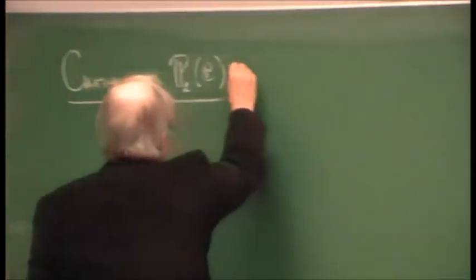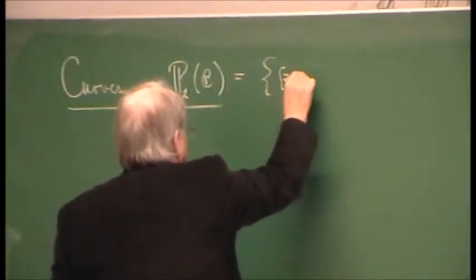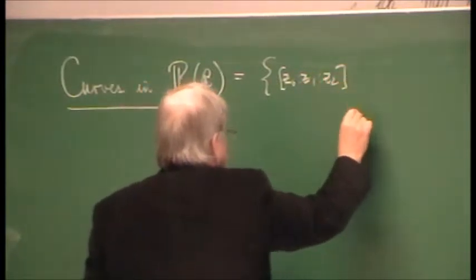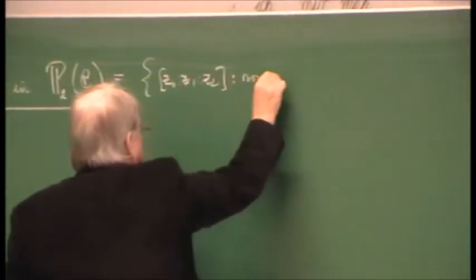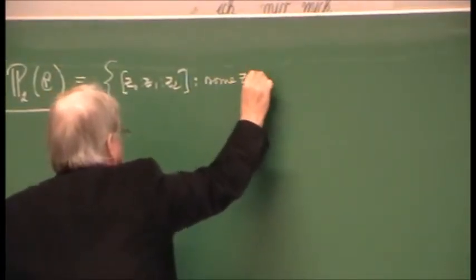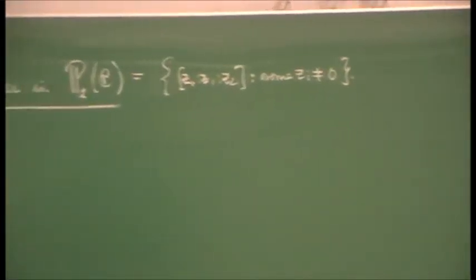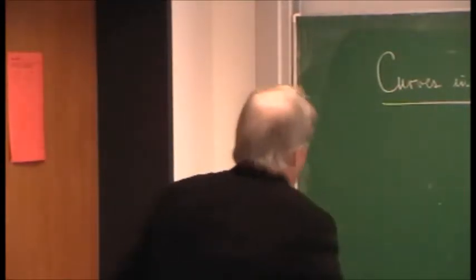So, with P2C, what is it? It's a set of homogeneous coordinates. It's coordinatized by these linear functions of the standard basis, such that some zi is not 0. So you have some idea.